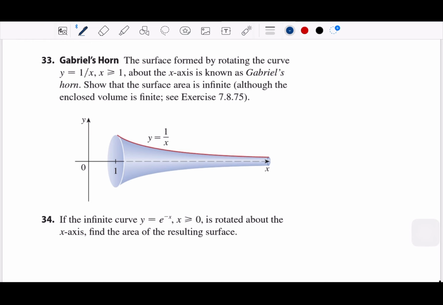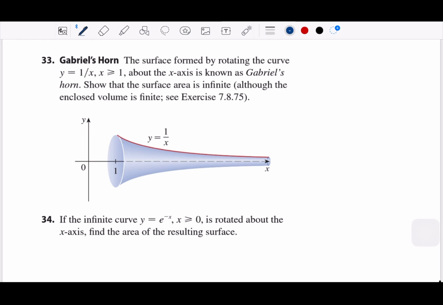The question is, we need to show or prove that the surface area is infinite, although the volume is finite. It's interesting. When you calculate, you can try to compute the volume first.